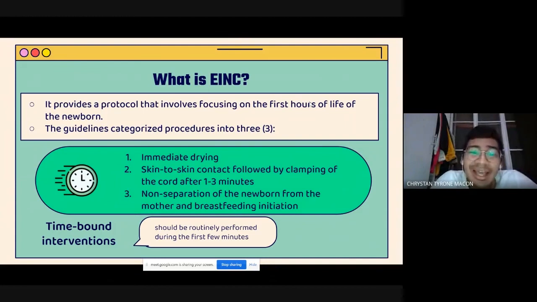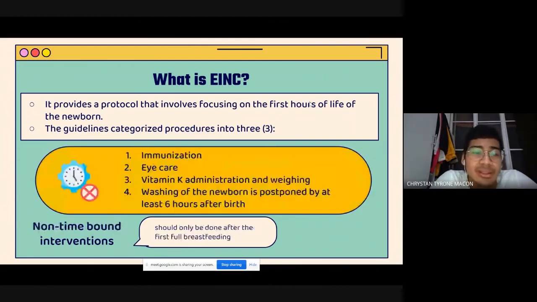Unang-una po, ang ginagawa nila ay ang immediate drying o ang pagpapatuyo agad kay baby. Pangalawa naman po ay ini-initiate agad ng nurse ang skin-to-skin contact. Pagkatapos po nito ay ika-clamp na po nila ang cord ni baby after 1 to 3 minutes. Ang pangatlo naman po ay ang non-separation of the baby kay mother para po ma-initiate nila agad ang breastfeeding.